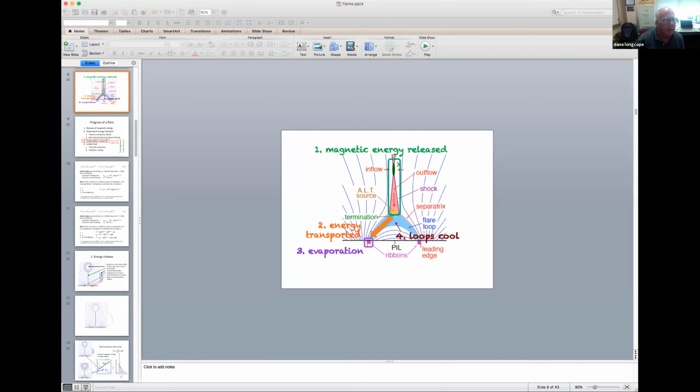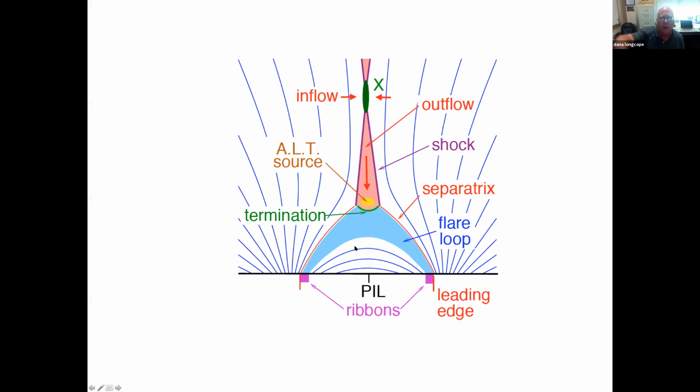And yes, if you take this cartoon and rotate it clockwise 90 degrees, it looks like the Earth's magnetic field and the magnetotail and reconnection, yes.